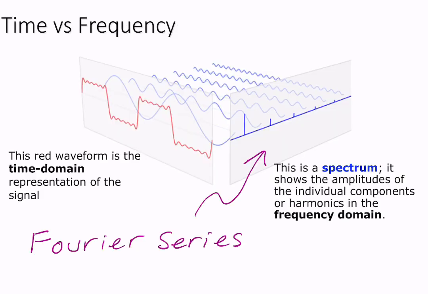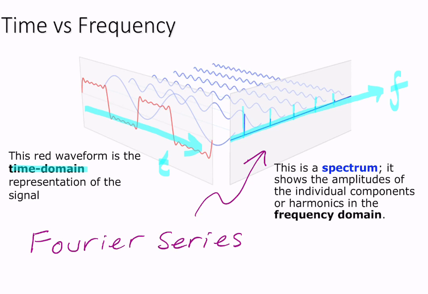So remember this plot from last time? This is our time domain representation, where you have a time axis going this way. And we said this is our spectral representation where you have a frequency axis going this way. And we said each of these spectral lines represents the amplitude of a sine wave.